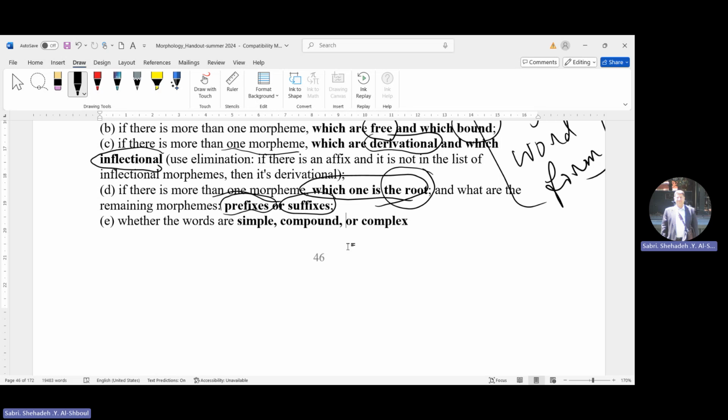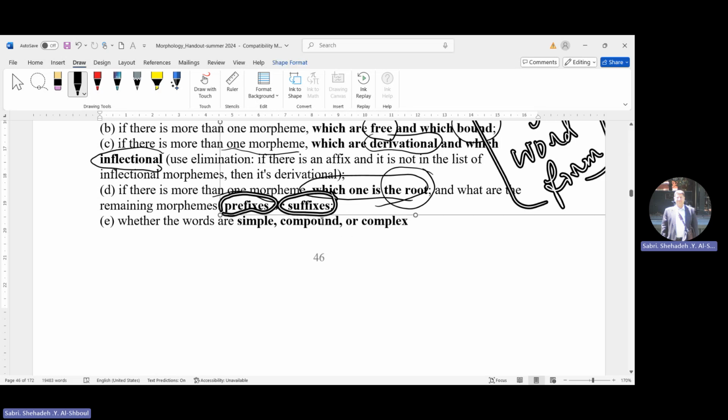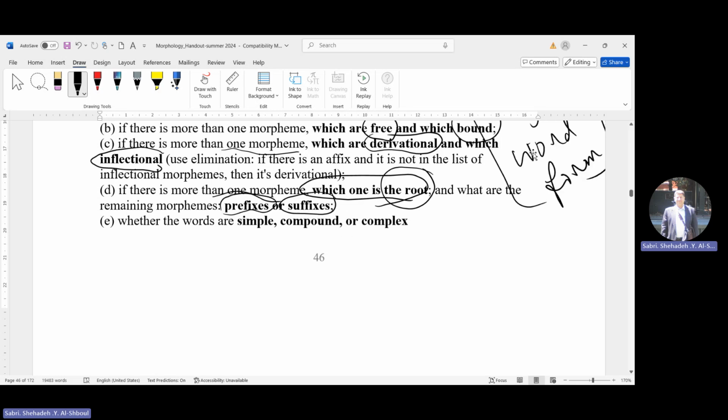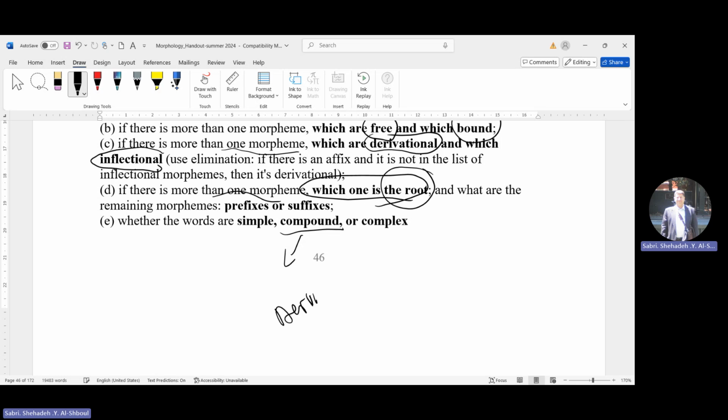Or compound forms, I mean the forms that are composed of a lexeme plus another word in terms of compounding, which undergoes the logic of derivation because they are compounds.